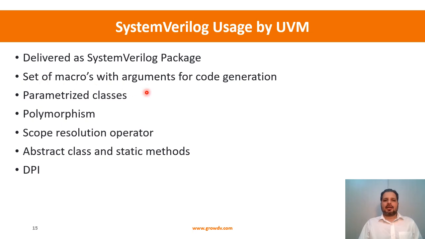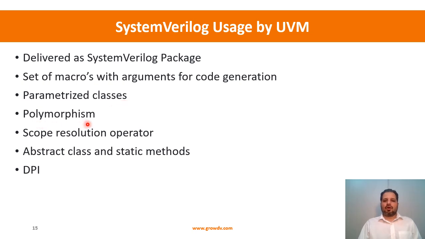And we saw in the compiler directives that you can use macros with arguments, which act as a way to generate code. That is what UVM uses as well. It also uses parameterized classes heavily. All the base classes that you use will be parameterized, and data-type-based parameterization is something you're going to see very much.